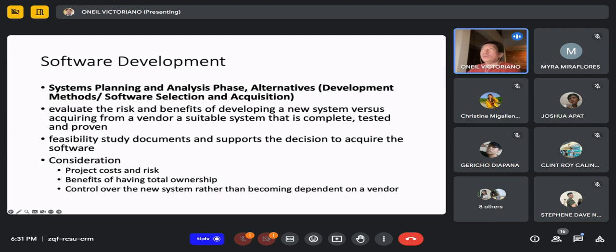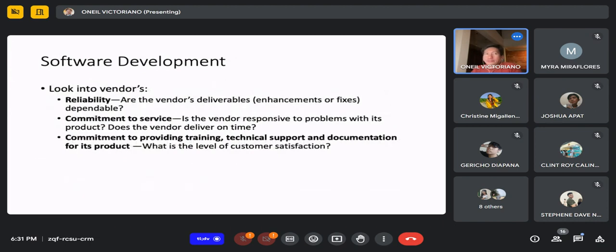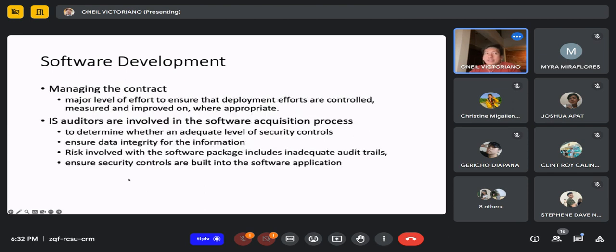So looking into data stewardship or data ownership, or the entire application ownership, no. So if they look into acquisition, look into the reliability of the vendor, the commitment to service, and of course commitment for training, technical support, and documentation.